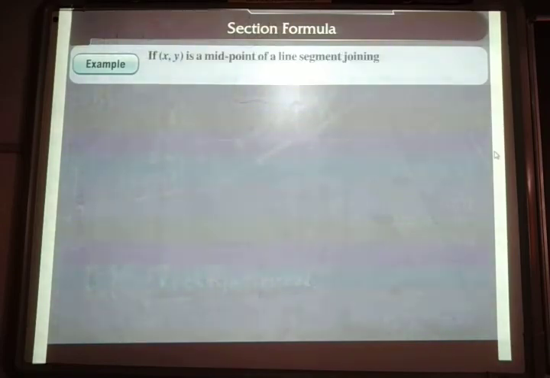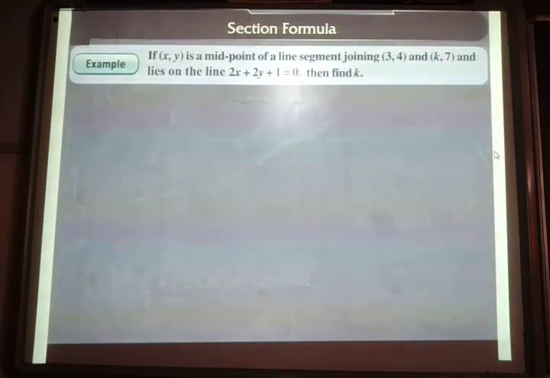If (x, y) is the midpoint of the line segment joining (3, 4) and (k, 7) and lies on the line 2x plus 2y plus 1 is equal to 0, then find k.